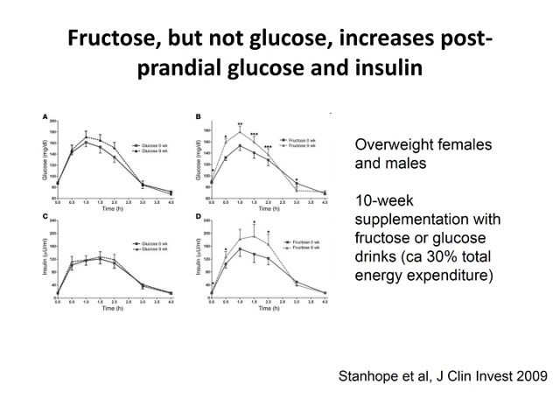Now, there are some alarming reports showing that fructose overfeeding causes more alterations of glucose homeostasis than glucose overfeeding. And here you see studies from the University of California at Davis, from Kimber Stanhope and Peter Havel, in which they overfed overweight subjects during 10 weeks with 25 to 30% of total energy as either fructose or glucose.